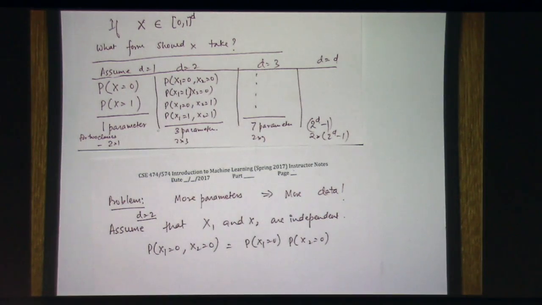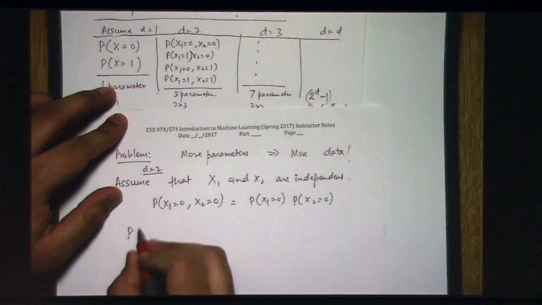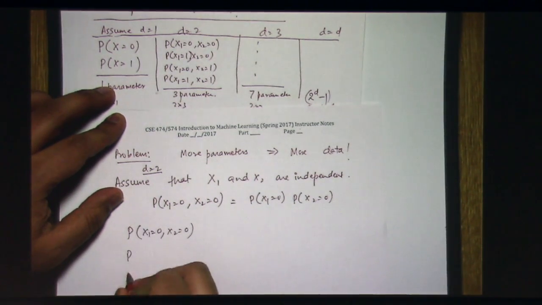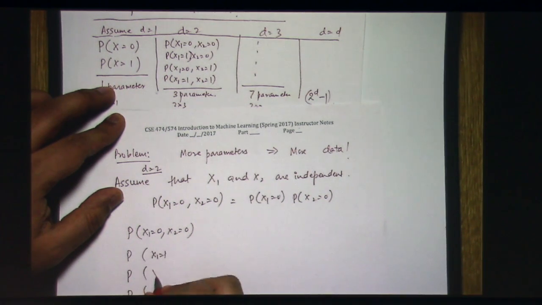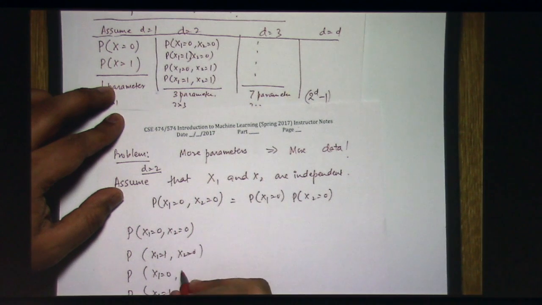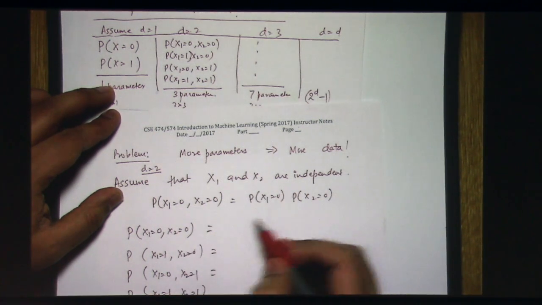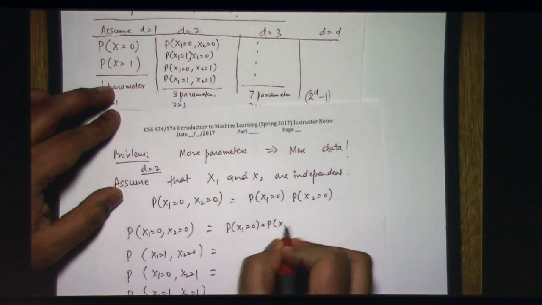So if I want to compute these 4 numbers, this would just be P(x1 = 0) times P(x2 = 0).